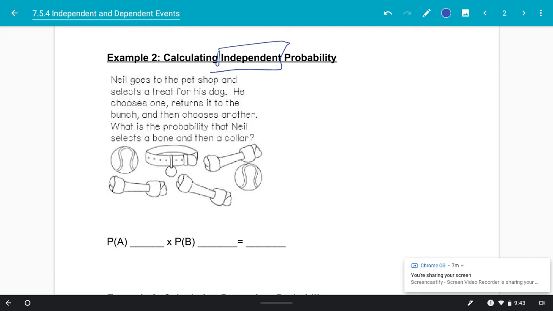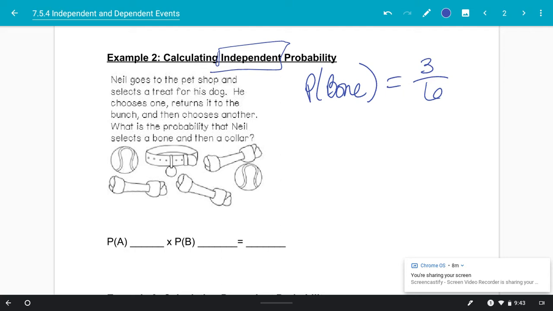So in this case, when we select the probability of getting a bone, we have to think about how many bones are there out of how many total items. So there are 3 bones out of 6 total items. And I can leave this as 3 over 6. I could simplify it to 1/2.